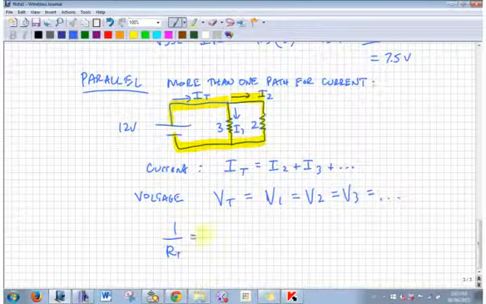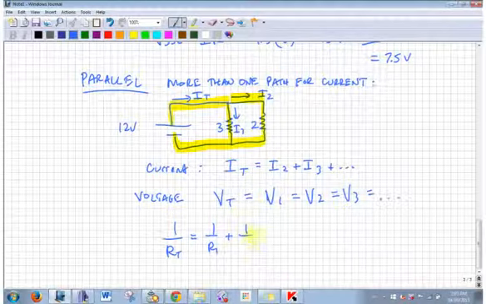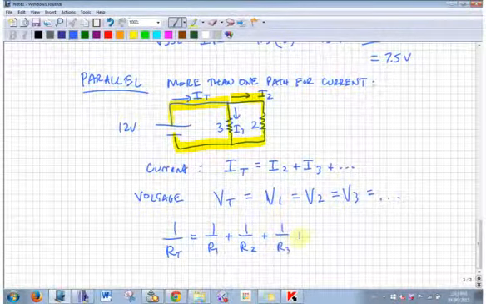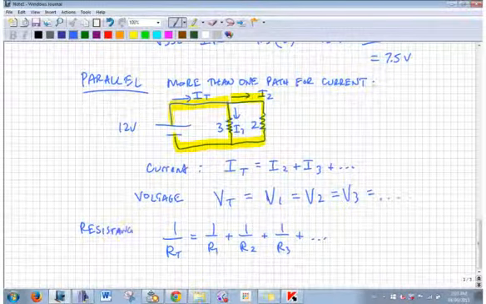If you want to know why, it's just Ohm's law. That's how we get the equivalent resistance. The total resistance is 1 over R1 plus 1 over R2, etc. It's a little bit of algebra, but you remember your little 1 over x button on your calculator? It'll come in handy.